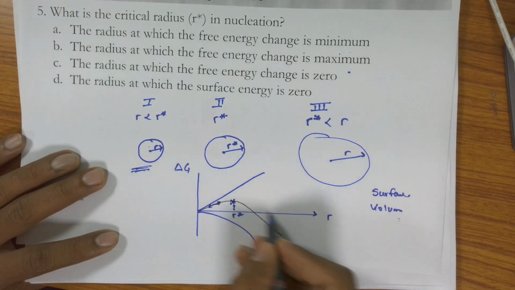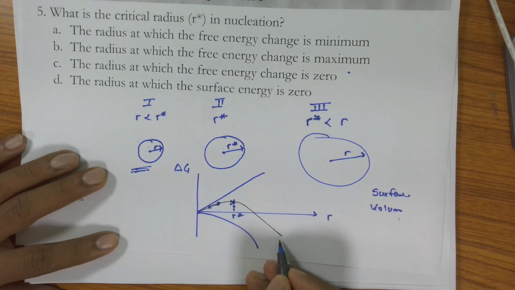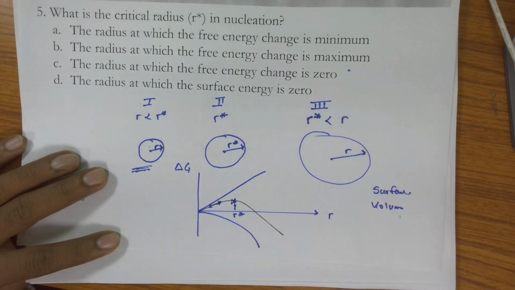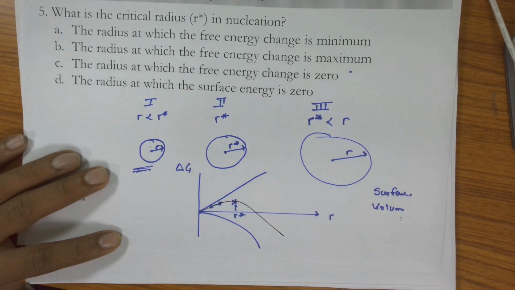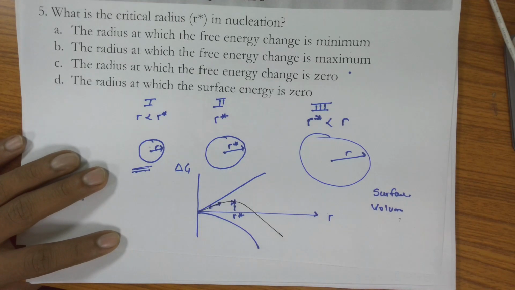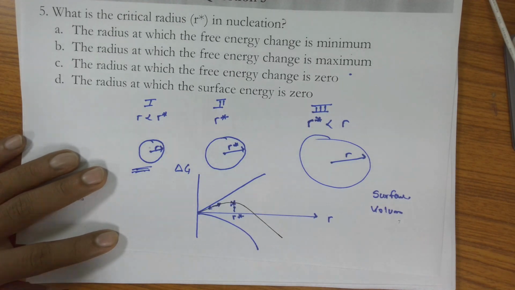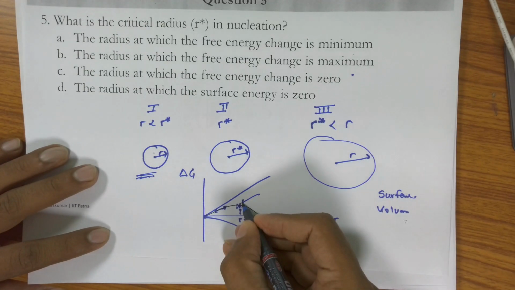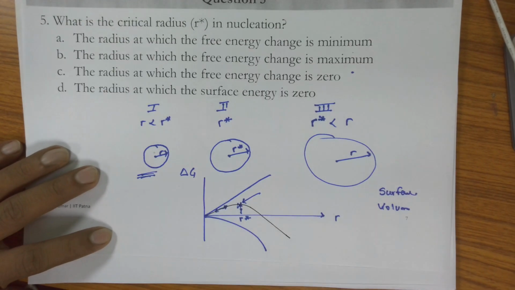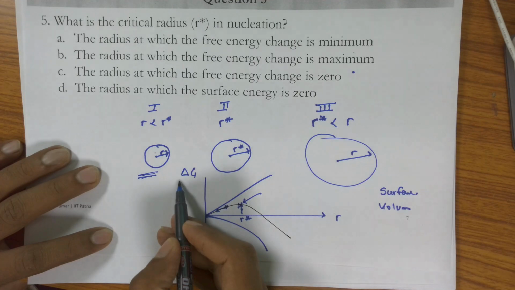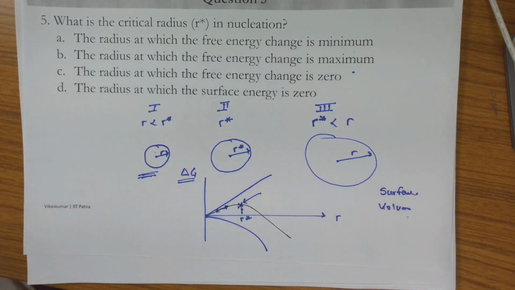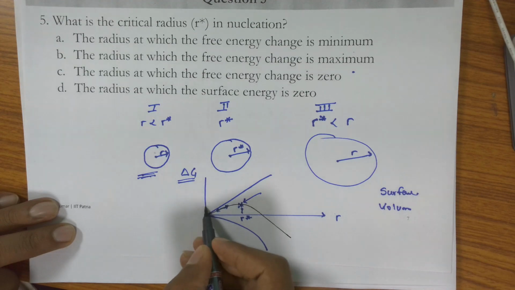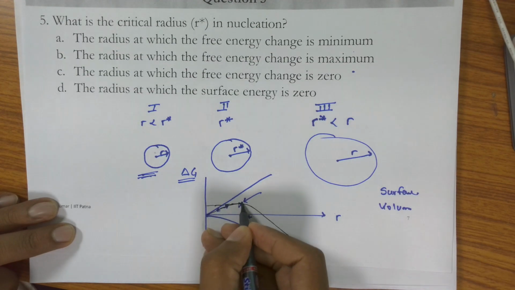After R star has formed, the stable nuclei has formed, the critical radius has been reached, and so the growth will take place. So we can say that R star is the one desired by us. Also, delta G is maximum here. For this entire black curve, delta G is maximum over here.